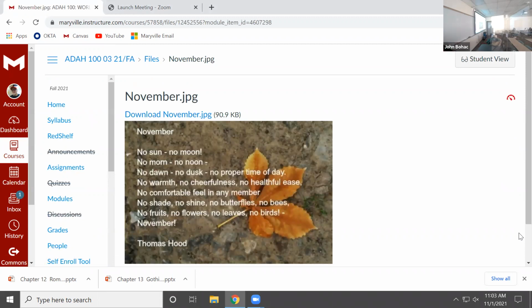November, no sun, no moon, no morn, no noon, no dawn, no dusk, no proper time of day, no warmth, no cheerfulness, no healthful ease, no comfortable field in any member, no shade, no shine, no butterflies, no bees, no fruits, no flowers, no leaves, no birds, November. Just a pretty cheery little poem.